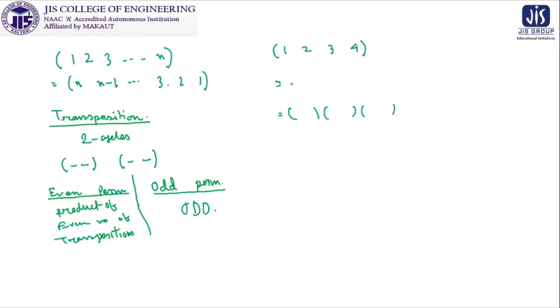So before that, I want to share one very concrete information with you, that if this is your cycle and if you want to break it with transpositions, this is the rule. This rule tells us that if you have 1 2 3 4, then transposition breakup will be 1 4, 1 3, 1 2, means this direction. And how many transpositions are you getting? 3 transpositions, so it is nothing but odd one.